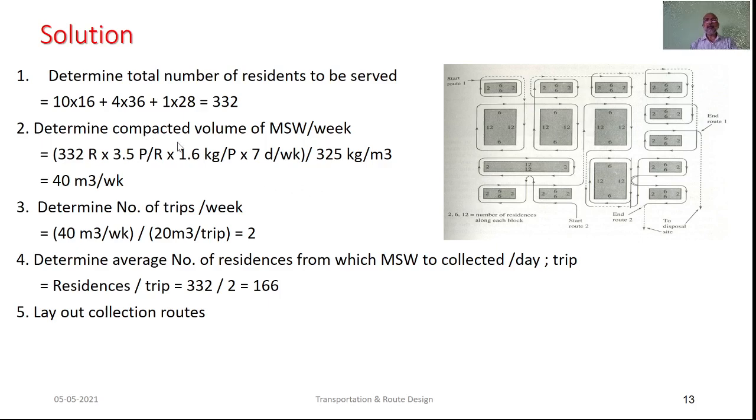We can determine the compacted volume of that municipal solid waste by knowing what is the generation rate, number of days per week, the density achieved, the number of people per residence, and the number of residents. So here the compacted volume works out to be 40 cubic meter per week.